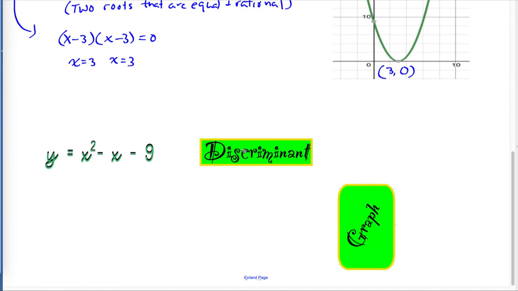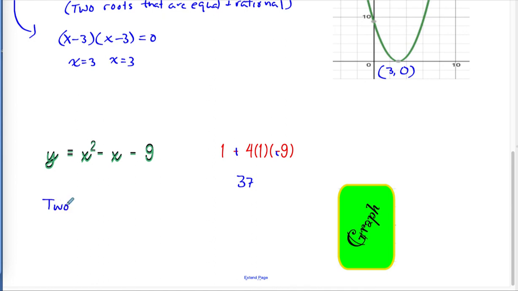In the last case, b squared, -1 squared is 1, minus 4 times a times c. Well, that turns out to be the number 37. Because, right, we're going to really add there. And I can't take the square root of 37. So I know I'm going to have two roots that are unequal and are real and irrational.